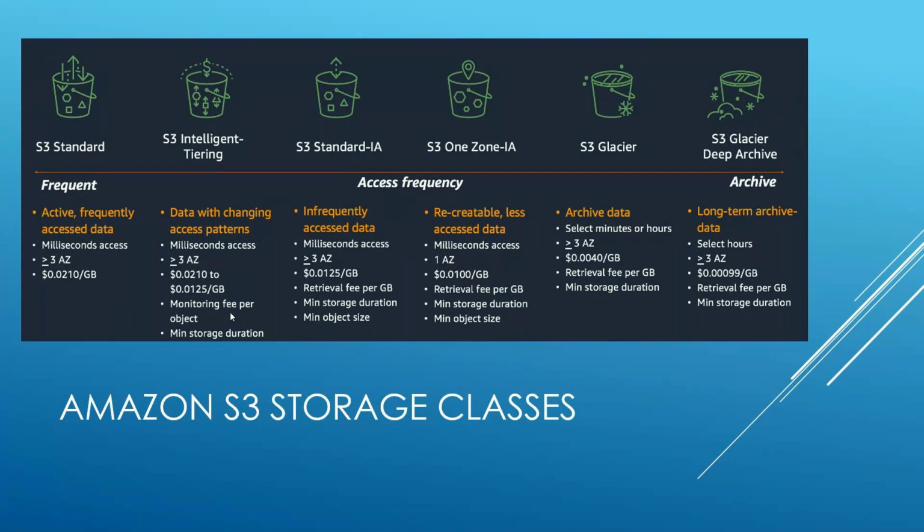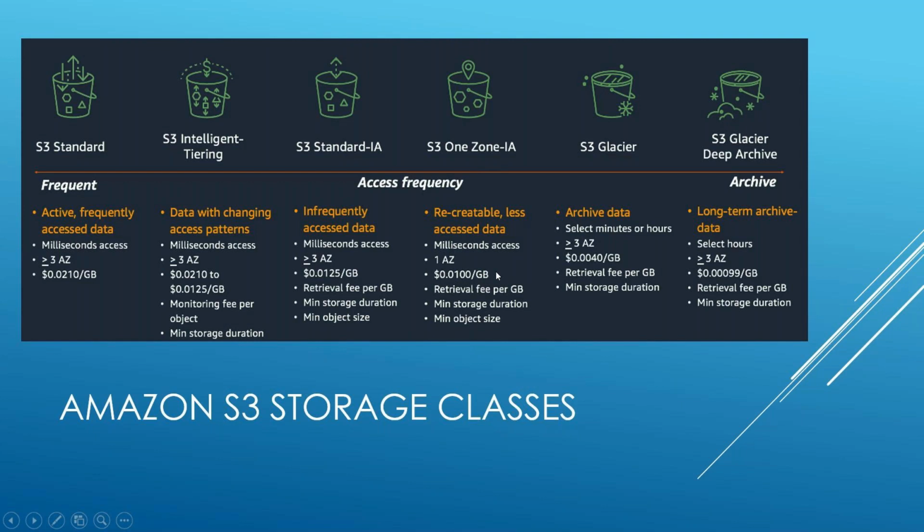Coming to S3 One Zone IA, this is again infrequent access with a lower storage cost than S3 IA. When compared to this one, it is 0.0125 per GB, but here it is 0.0100 per GB, which is lesser than this one.